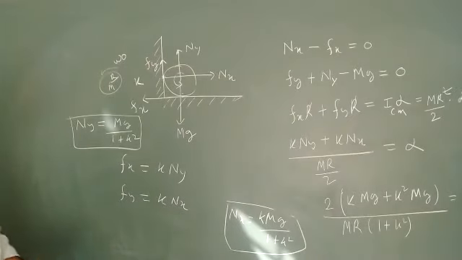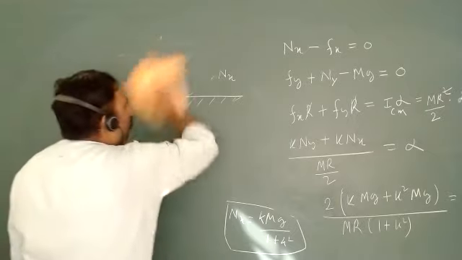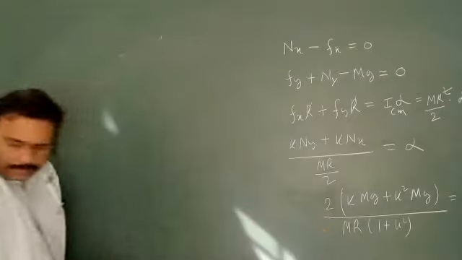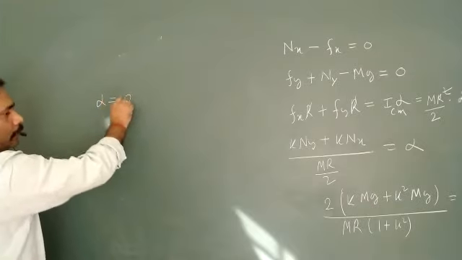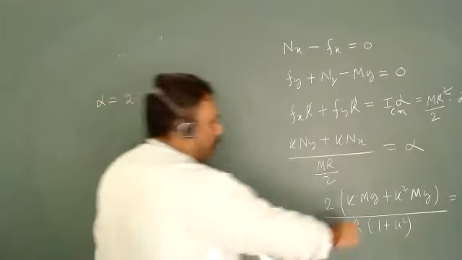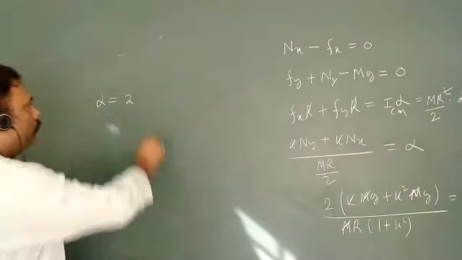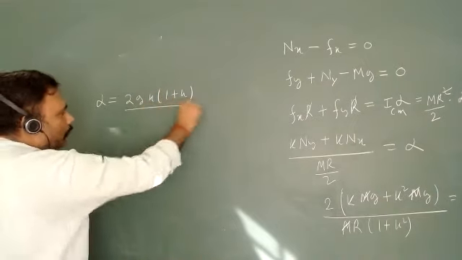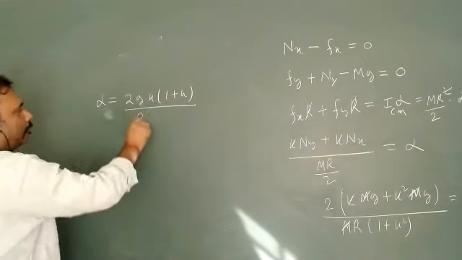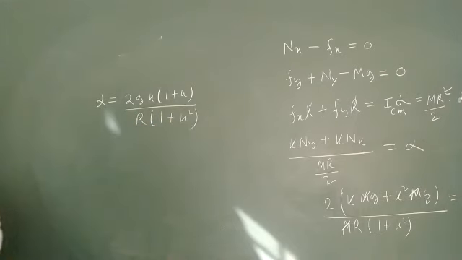Yes, sir. So this is my alpha, and let us write alpha in a little bit nicer way, so that 2 m will cancel out, isn't it? So this m will cancel out. So 2g K times 1 plus K by r times 1 plus K square.